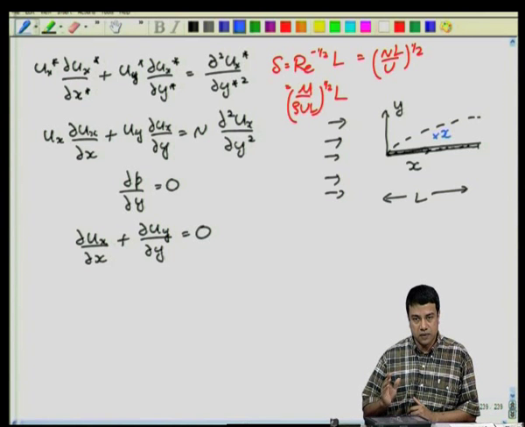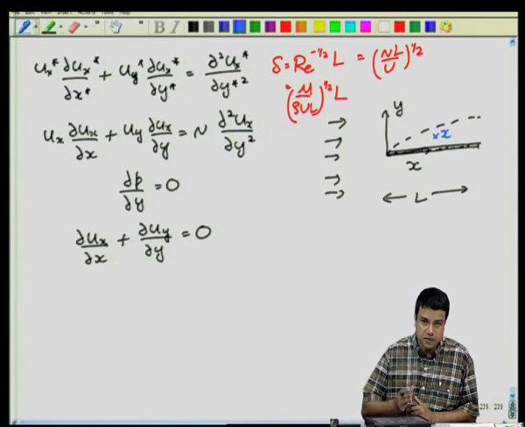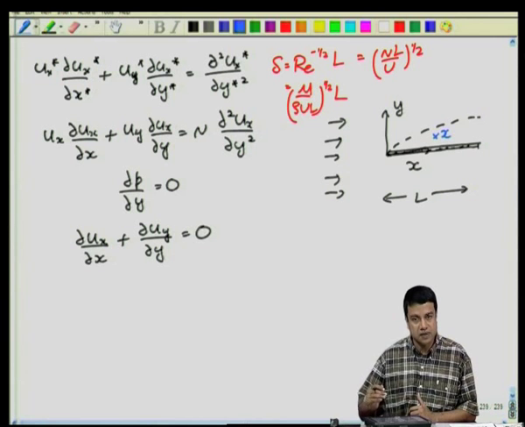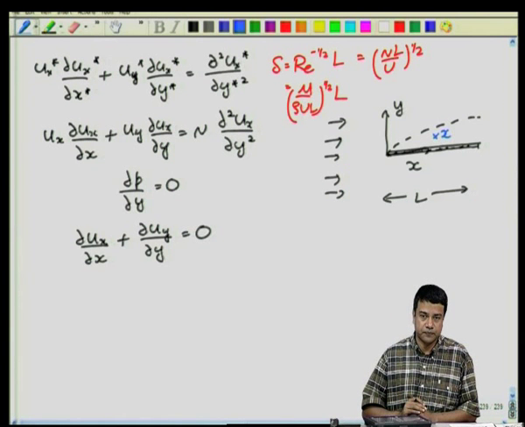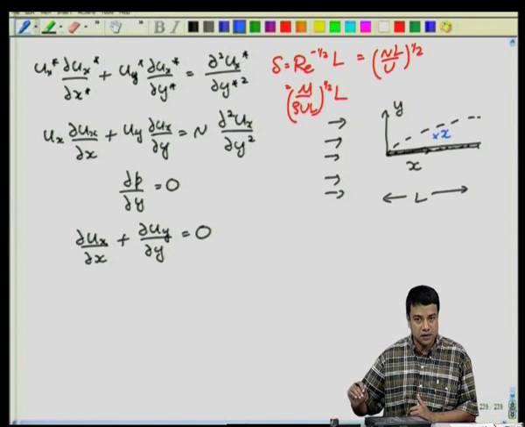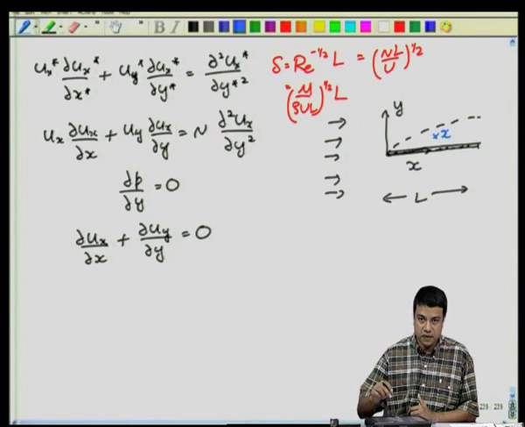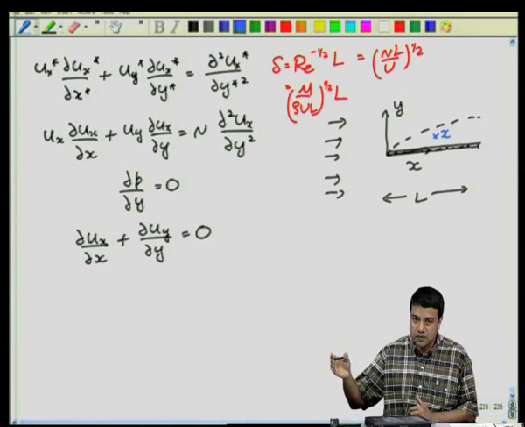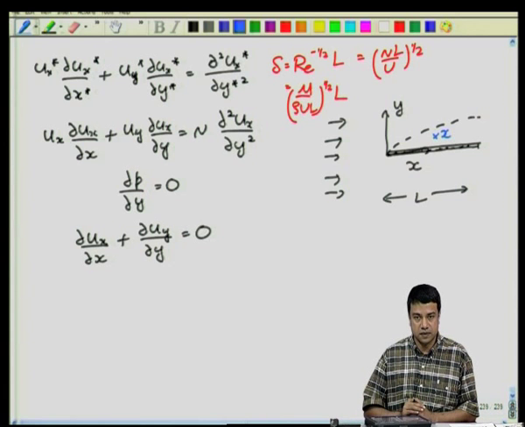The velocity field at a location x can only depend upon upstream conditions, that is the distance of the location x from the upstream edge of the plate as well as the distance from the surface y. What that implies is that the boundary layer thickness at this location x does not depend upon the total length L. Whether I have a plate of length L or 2L, the velocity field at this point is going to be the same, simply because I do not have streamwise diffusion which transmits information about the downstream locations.